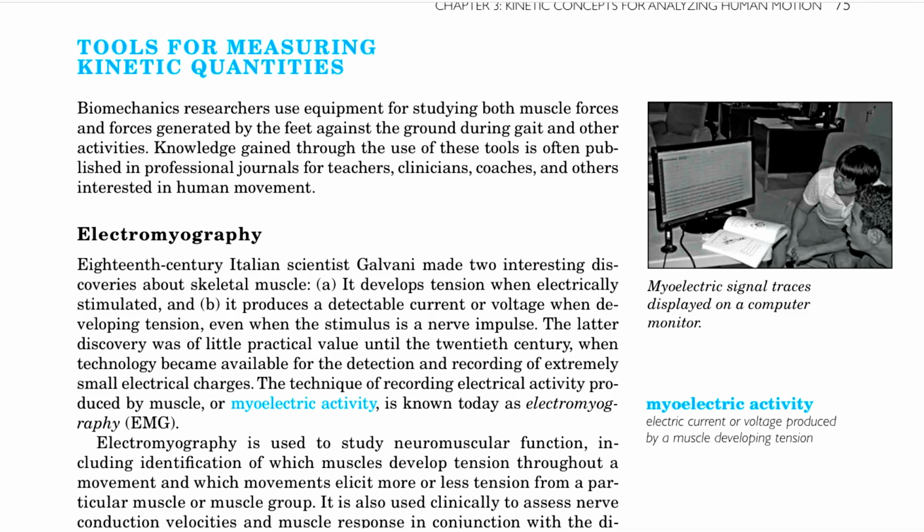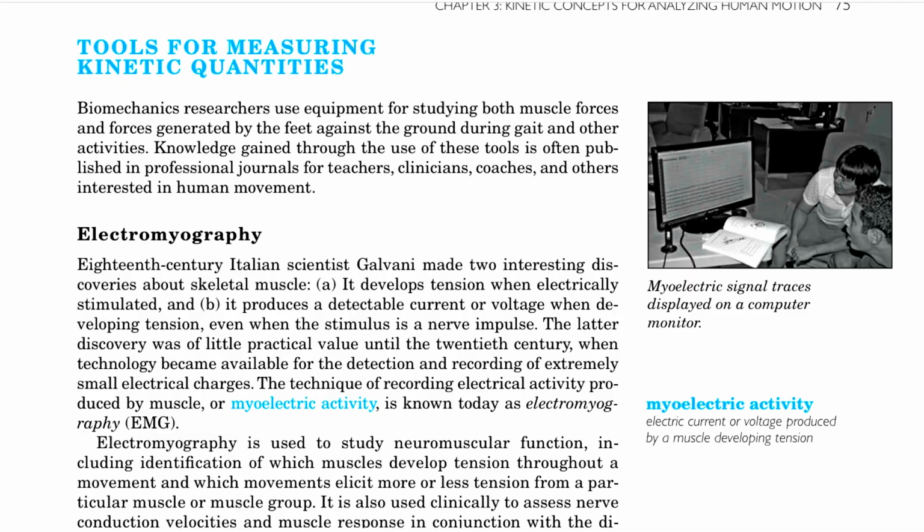That's why we use many kinds of currents in physical therapy, different modalities and other things as well. Electromyography is similar to that: it is a tool to measure muscle activity. The first discovery of Galvani is muscle contraction when given a stimulus.